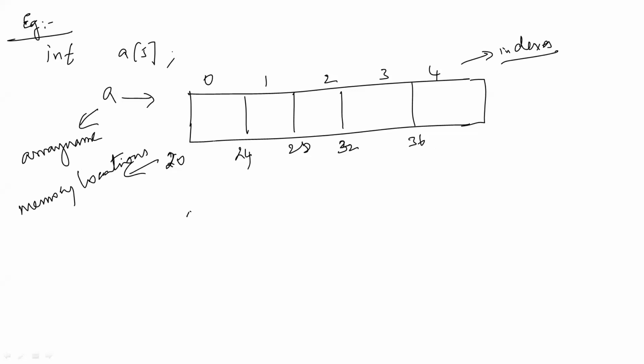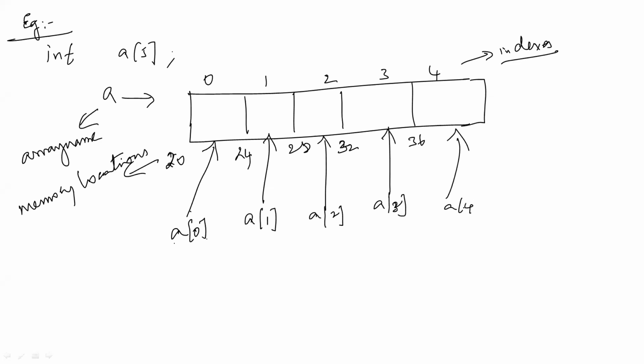If I want to work with this particular block, I'm saying like this: array name of index with this block, array name of index. Now that is very, very important, sir.